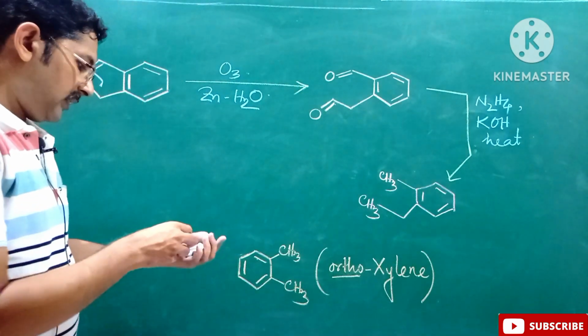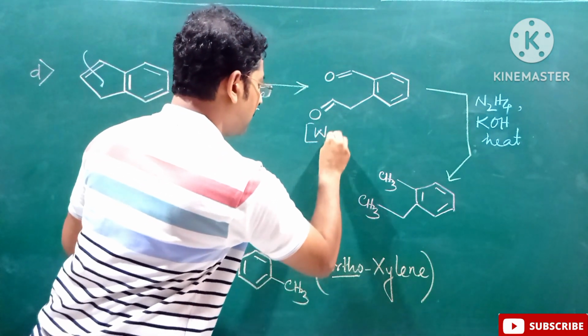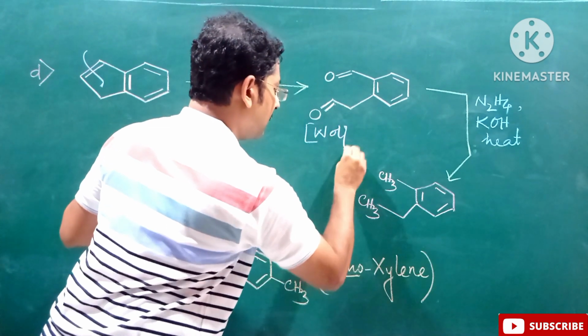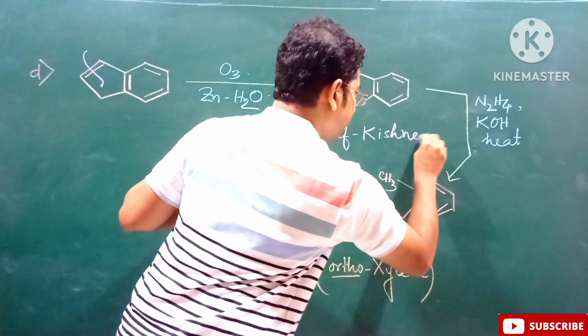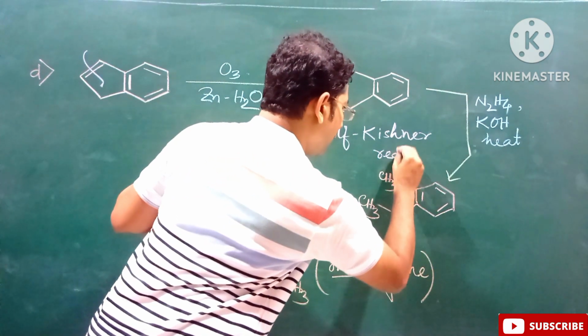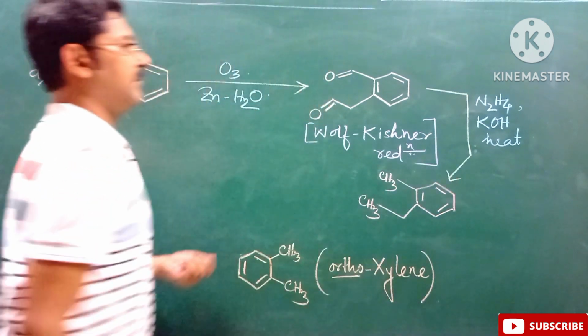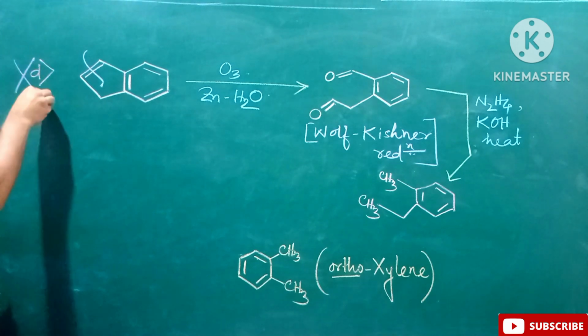The last step is Wolff-Kishner reduction. Right. So option D is not our correct option.